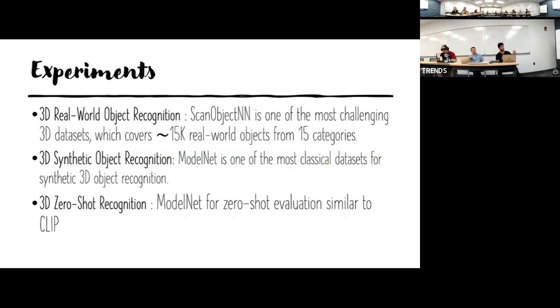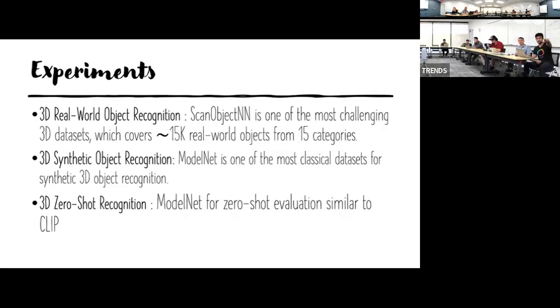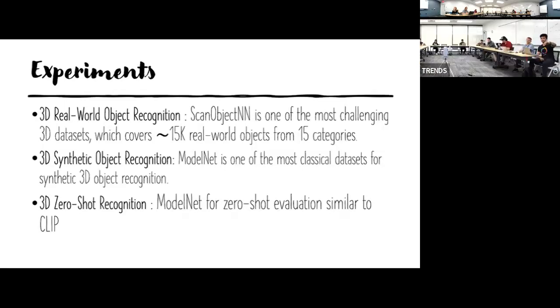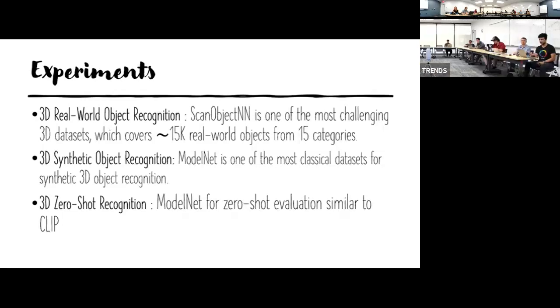But they actually came up with good results using these three downstream tasks. The third one is 3D zero shot recognition, which is similar to CLIP, where they claim they are getting better results using this ReCon block rather than just using the CLIP model. But when I check the code, it's kind of shady, because I'm not able to figure out how they're actually doing the zero shot recognition.